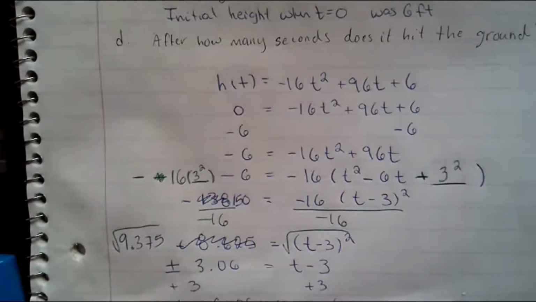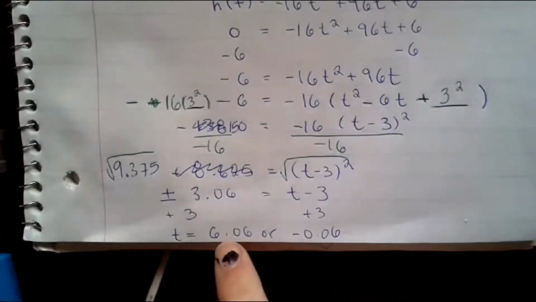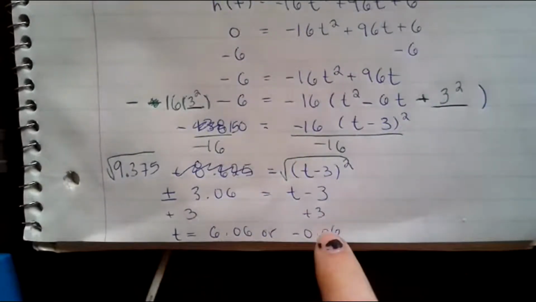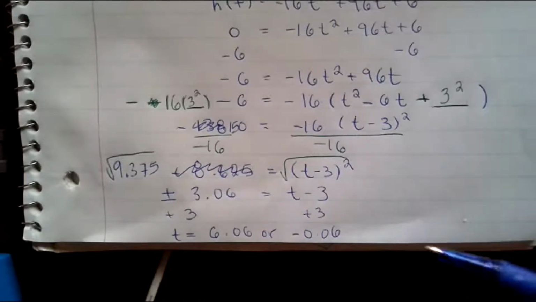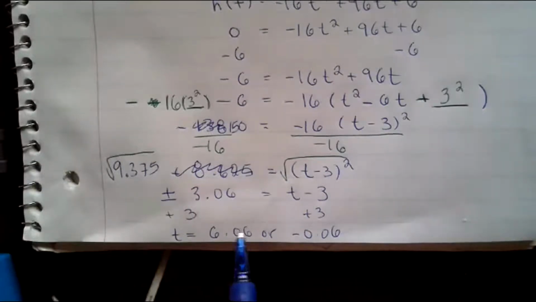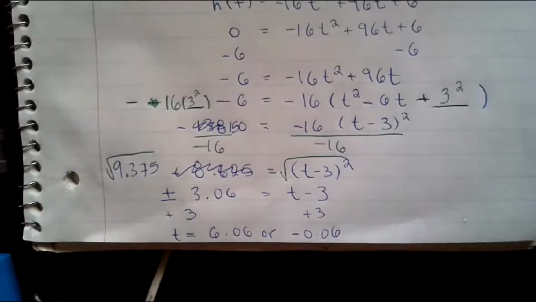So we know that because the initial height was not 0, the x-intercept would go past the y. So this is not going to be included in our time. So that means that this is probably the time that it hit the ground. Well, it's definitely the time that it hit the ground.